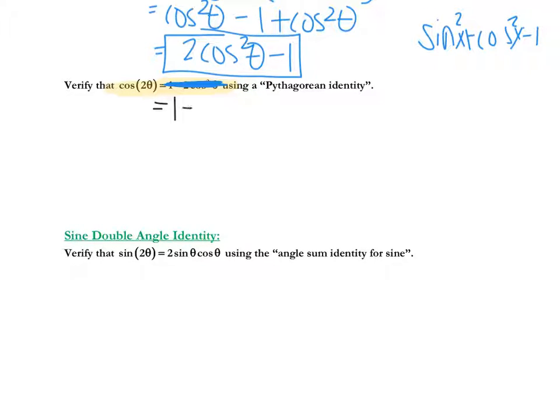This should be 1 minus 2 sine squared theta. That's the other variation. All right, so now we see that everything's in terms of sine. So when we use the Pythagorean identity, we're going to want to sub out the cosine.